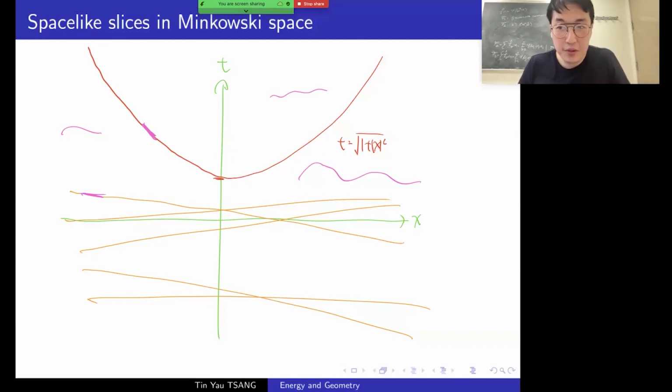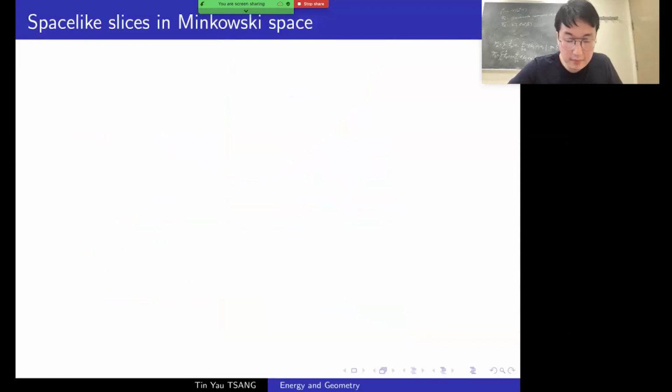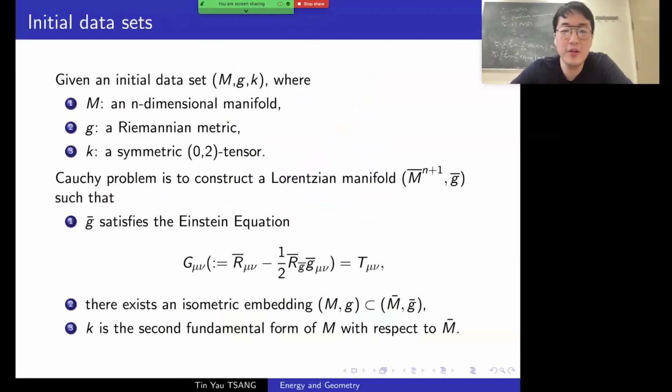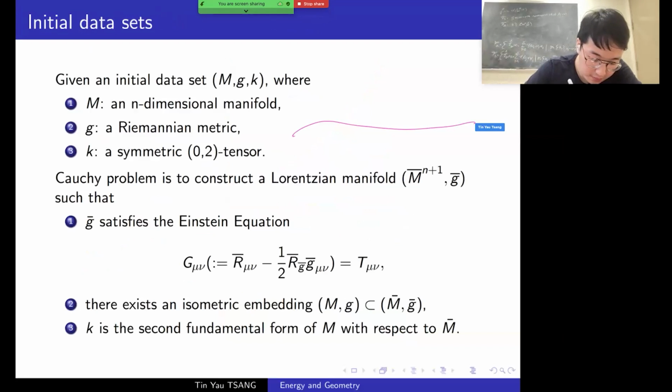So now we have to introduce the concept of initial data sets. Given (M, g) a Riemannian manifold and k a symmetric 2-tensor, why do we call them initial data sets? Because this triple is the initial data set for the Cauchy problem, which is to construct a Lorentzian manifold which satisfies the Einstein equation, which means we want to construct space-time. So here, let's draw a picture.